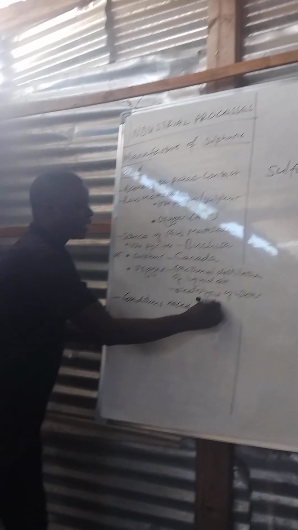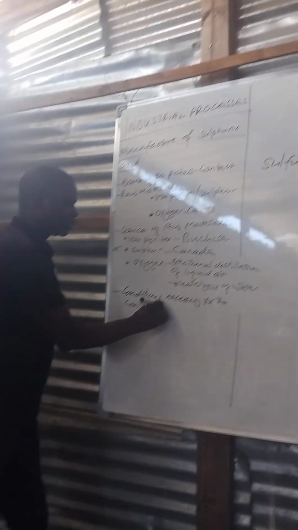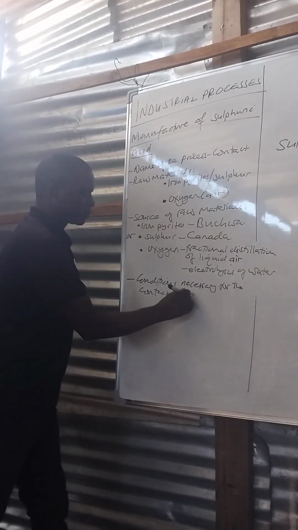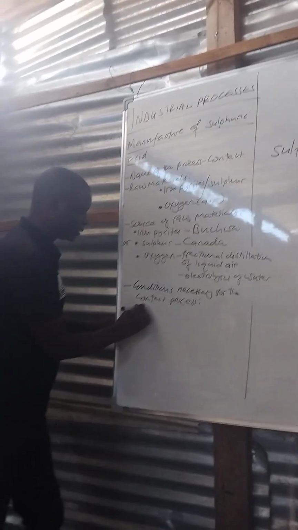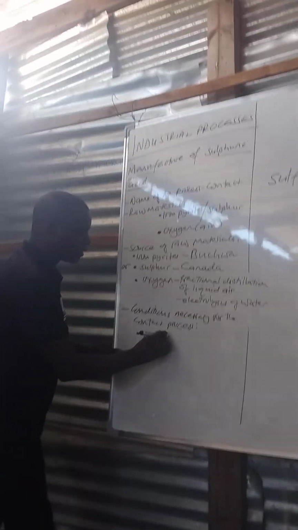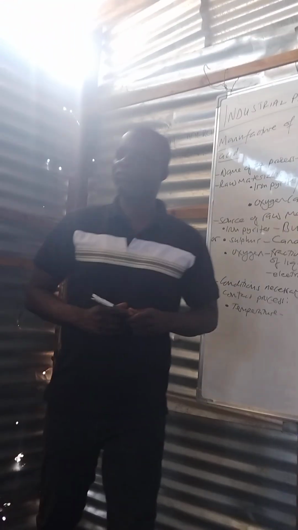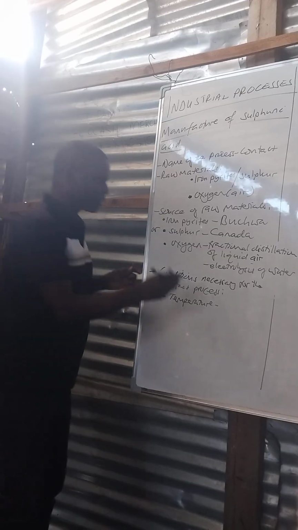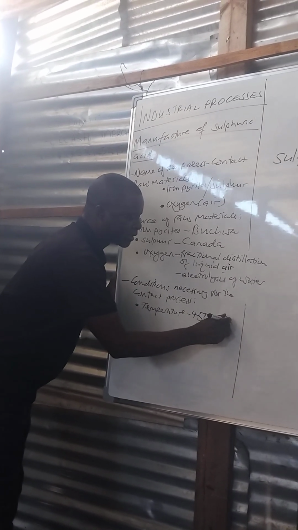Right, what next? The conditions necessary for the Contact process. What is the temperature? 450 to 500 degrees Celsius.